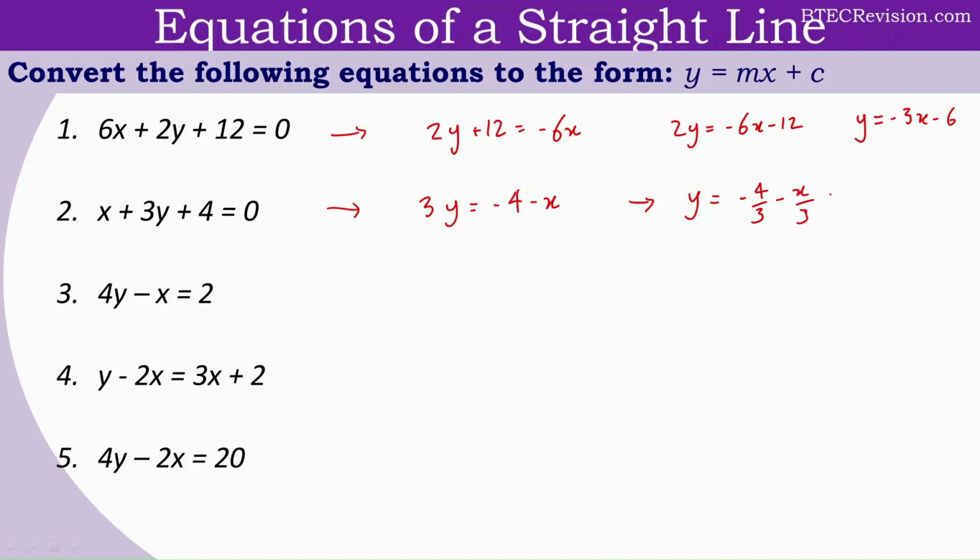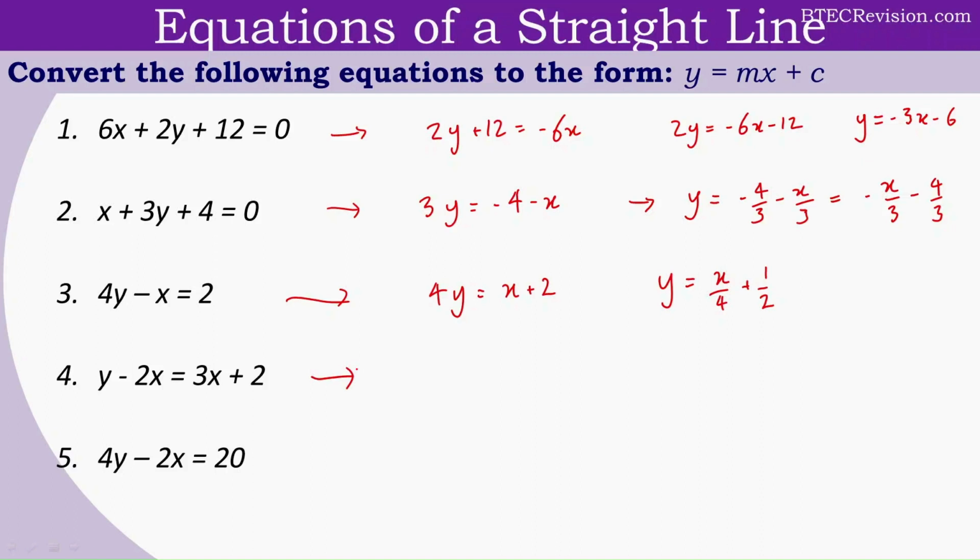So just moving this, we can get take away x over 3, take away 4 over 3. Question number 3, we can move the x over. So that will give us 4y is equal to x plus 2, and then divide by 4. So therefore we will have y is equal to x over 4 plus 1 over 2.